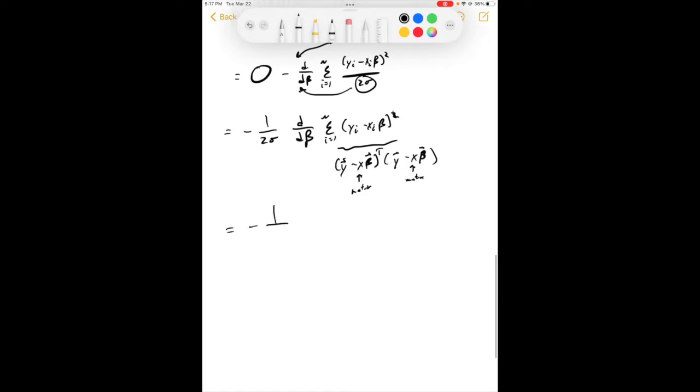So what we've got here is negative 1 over 2 sigma, the derivative with respect to beta of (y minus x beta) transpose times (y minus x beta). I'm dropping the vector notation.